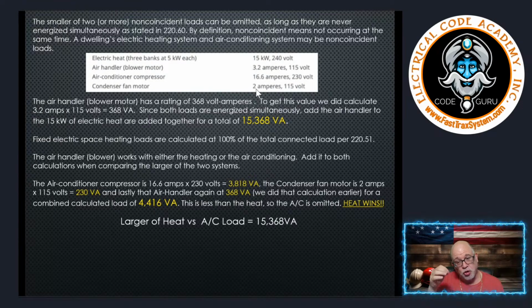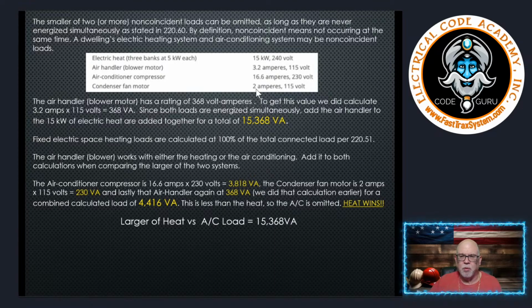That is my neutral contribution for all of the heating and air conditioning applications. Again, just the neutral. Because y'all know that the air conditioning compressor does not use a neutral, neither does the electric heat. Okay? So I'm going to write that down as my neutral contribution, and that is 598 VA.